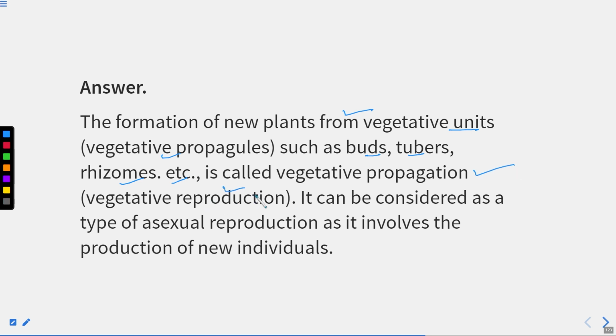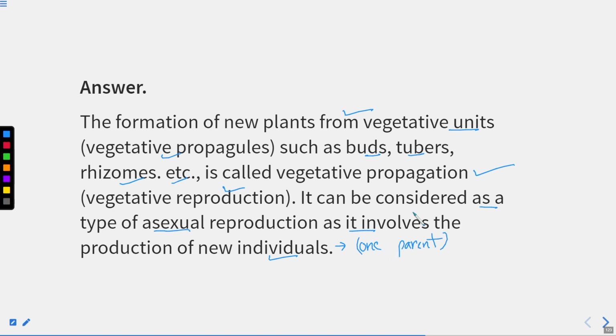It can be considered a type of asexual reproduction as it involves the production of new individuals by only one parent.